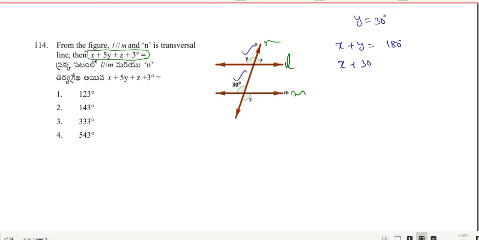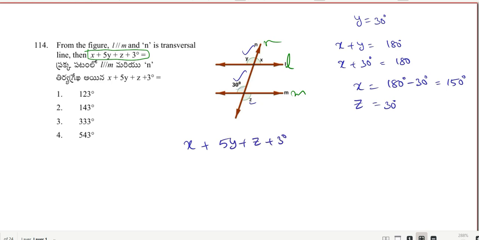X plus 30 degrees is equal to 180. From this, x is equal to 180 minus 30. That is 150 degrees that you get. Okay, x is equal to 150 degrees. Now, z and 30 degrees are vertically opposite angles. So z value will be 30 degrees. And what we are asked to find out? We are asked to find out x plus 5y plus z plus 3 degrees. X value is 150.